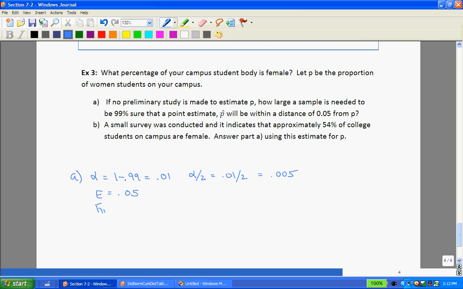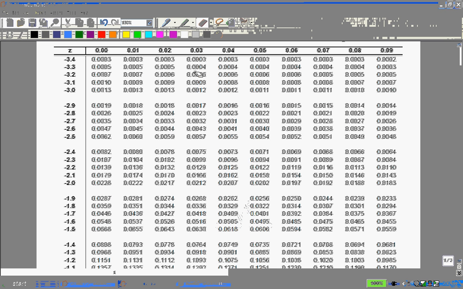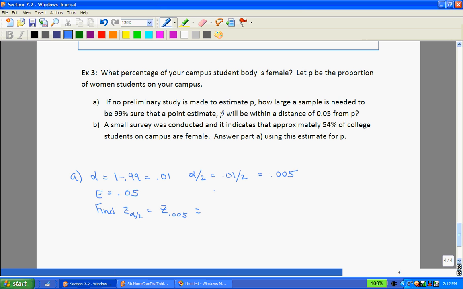I need to find z sub alpha over 2, which in this case is z sub 0.005, and we found this value before, but it doesn't hurt to practice looking it up. So we go to our table, and I'm looking for 0.005 or something very, very close to it. And we found it right here, but I think we went ahead and said 2.575 to split the difference.